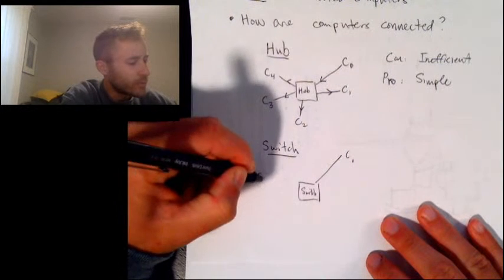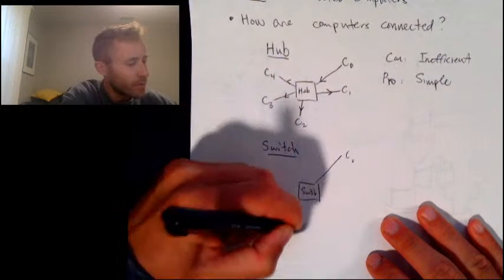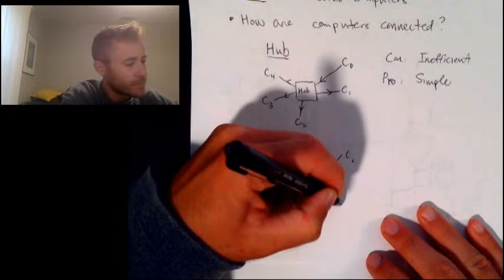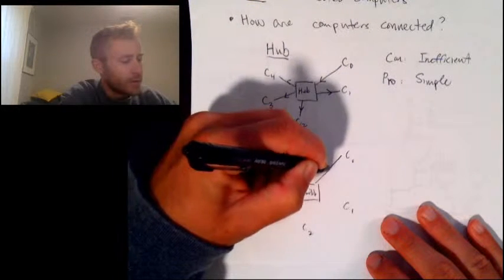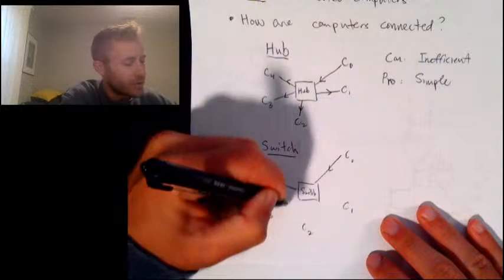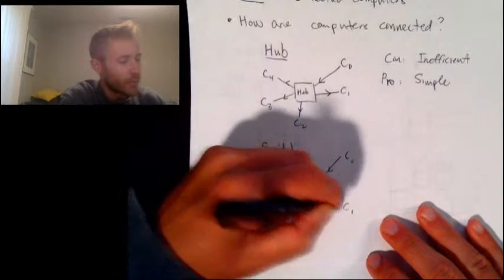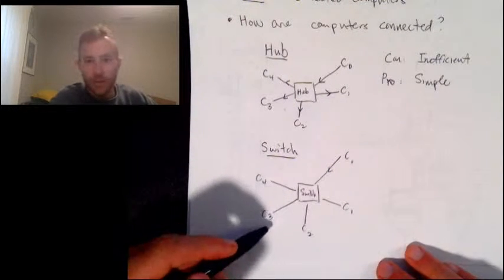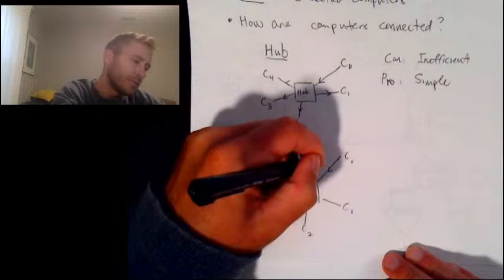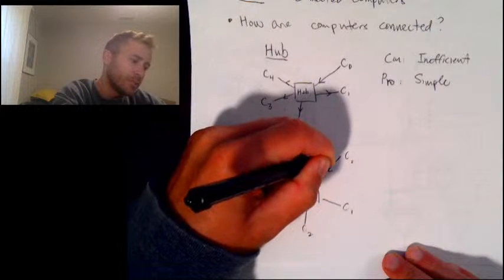So let me see, I'm trying to draw this the same way. Let's say that the message is intended for C3. So this is supposed to go to C3.